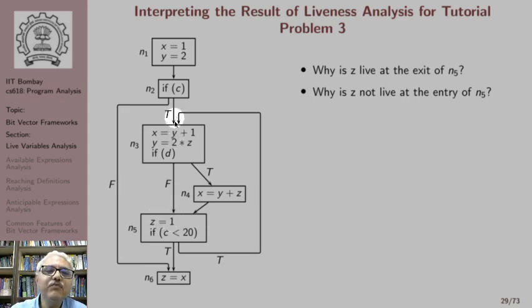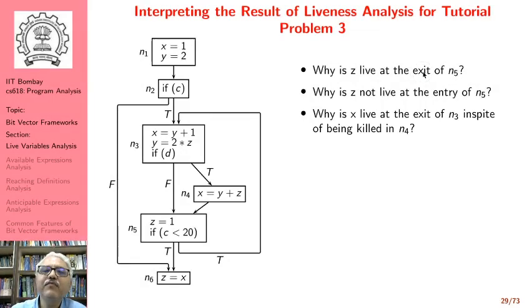What that means is, whatever value of Z is coming from this path or this path, that value is really not required in the rest of the execution of the program, because a new value is being put in Z. Whatever value it may have contained is overwritten, replaced by this particular assignment, and therefore Z is not live at the entry of N5, although it is live at the exit of N5.